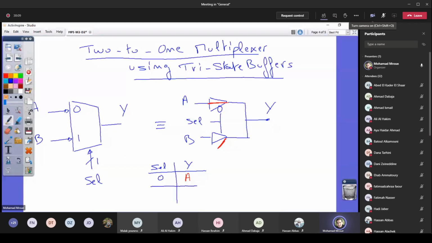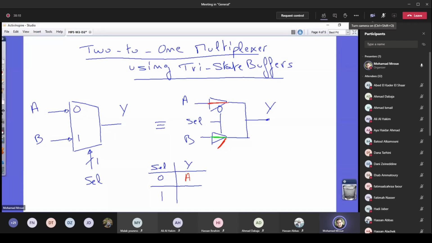If sel equals 1, we have this tri-state buffer operating, connecting its output to its input, Y equal to B. Here Y is connected to the high impedance level, so Y equals B. Okay.